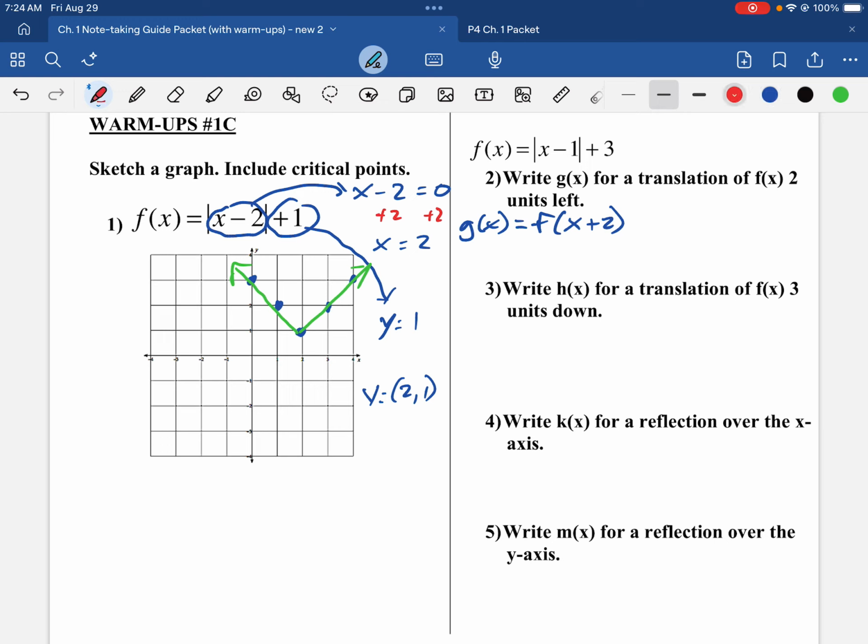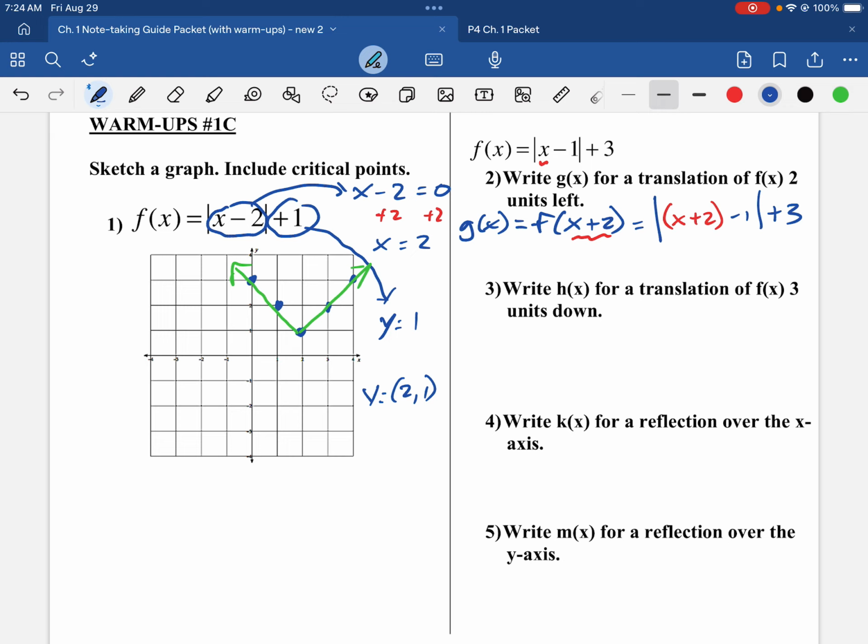So then I'm going to input this quantity into the function. So the input is where the x is. That means I'm replacing that x with the quantity x plus 2. So I've got the absolute value symbol, then the quantity x plus 2, and I've still got the minus 1 there, and plus 3. And then we just want to simplify this.